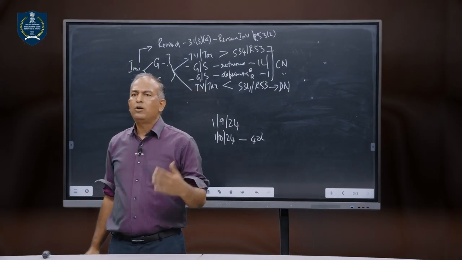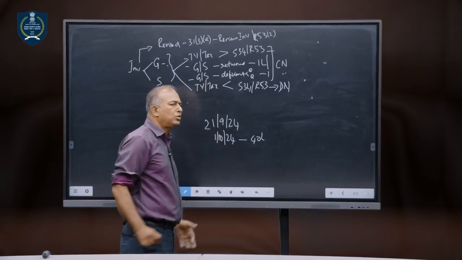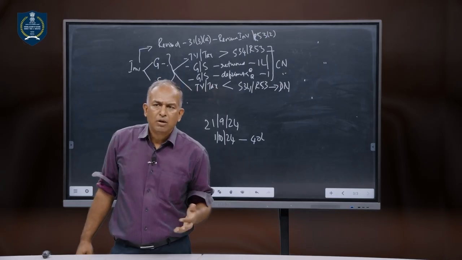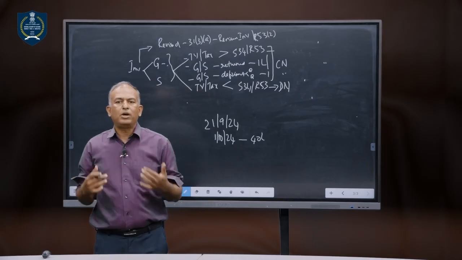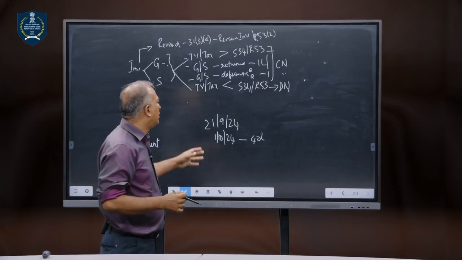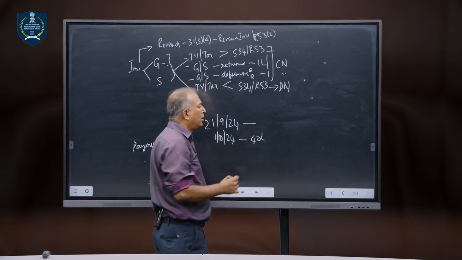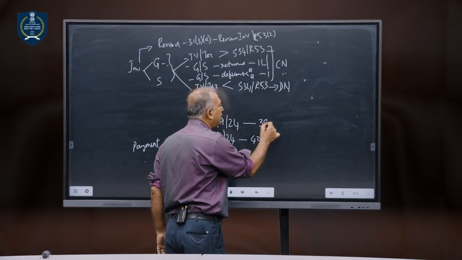Now, instead of applying on 1/9, I apply for the registration on 21/9/2024. Very much possible. The law says within 30 days, but I have only now become aware of it. I apply for registration on 21/9/2024. At that particular point in time, my turnover was 39 lakh rupees.